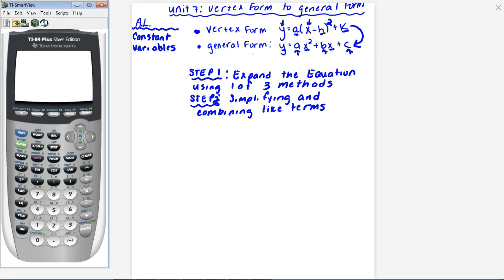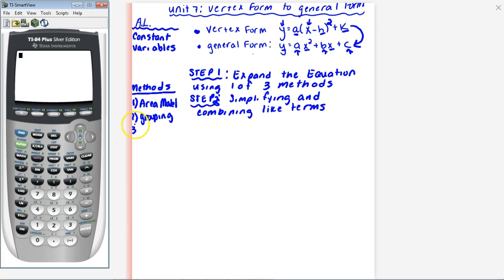Let me write down the methods over here, and you can make sure that we get all of them. Okay, the first one we're going to do is going to be the area method, area model. And I know you've seen that. The second one is going to be a grouping model.